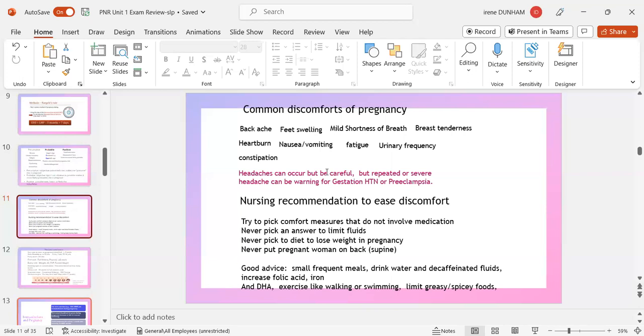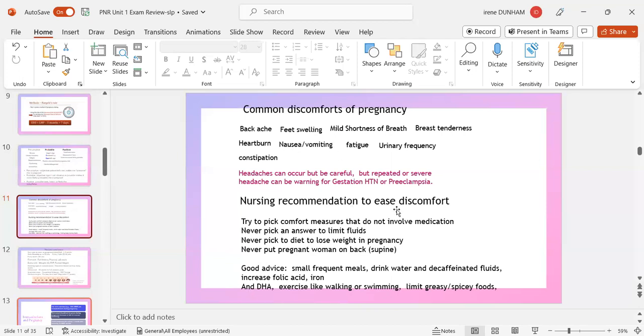Then we test her urine to see if she's got any protein in the urine. That lets us know we could be getting into more of a preeclampsia condition as we discussed in chapter 5. Now all these little discomforts can get in the way of her normal daily activity.